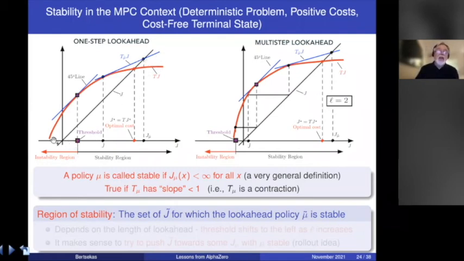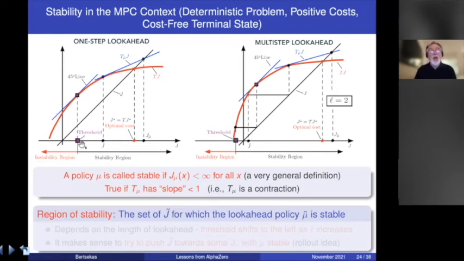On the other hand, if you choose them to the left of some threshold, the policies are not stable because they don't intersect basically the 45-degree line. They have slope greater than 1. And the threshold is precisely the point where the Bellman operator has as tangent the 45-degree line.